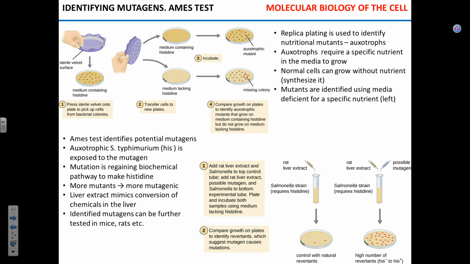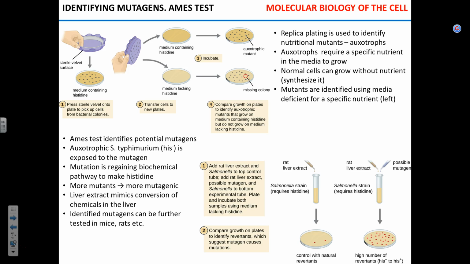Auxotrophic microorganisms require something. Any nutrients? Specific. They need some specific nutrient. They cannot make it. So what is done?